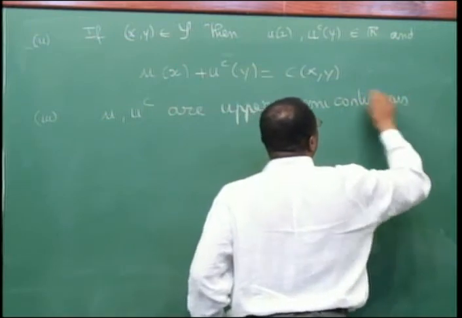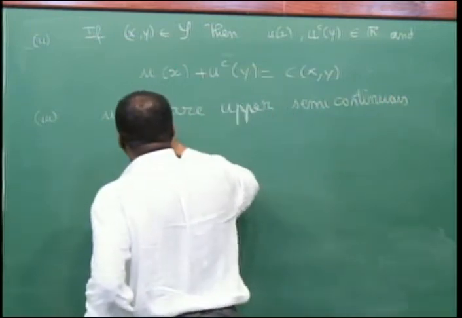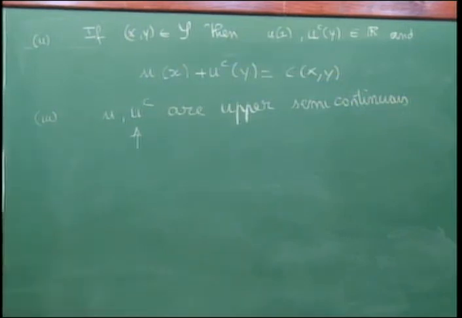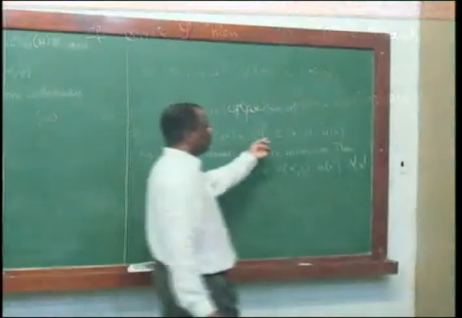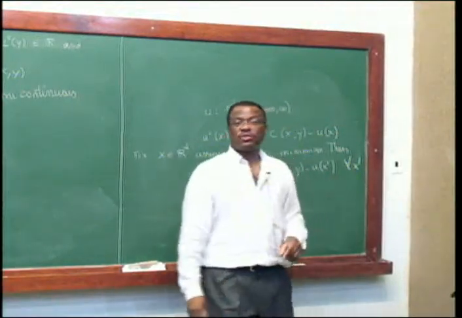What is trivial is that u^c is upper semi-continuous, and what will require a little bit of work is to prove that u is upper semi-continuous. u^c is an infimum of upper semi-continuous functions, and so it is upper semi-continuous.